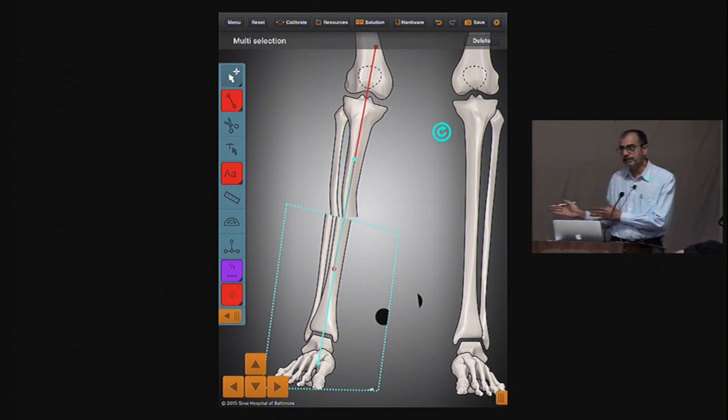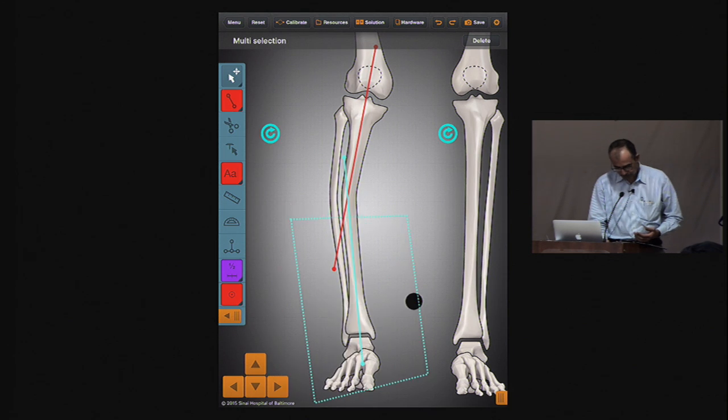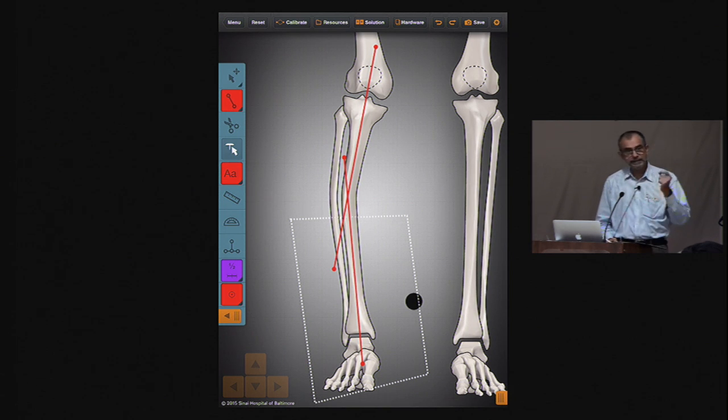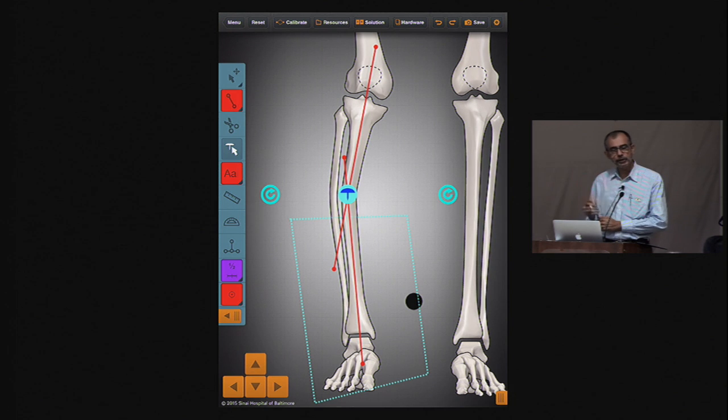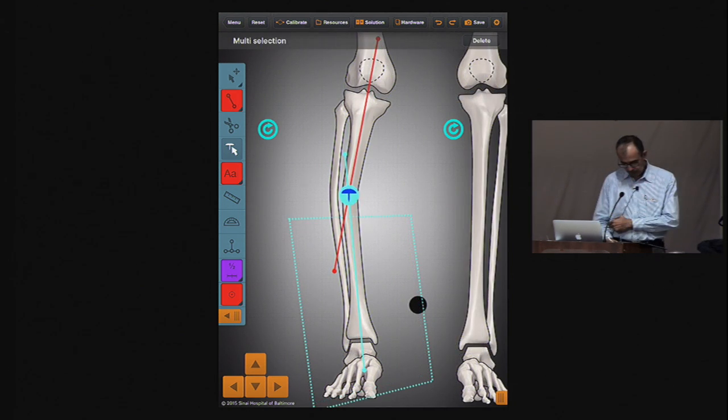So if you are going to fix this now, can you fix this with a nail? You can't fix it with a nail. So you will either have to fix it with something like a plate or a fixator. Now what the fixator does kind of magically is, with a fixator I can keep the hinge at the CORA and I can do the osteotomy lower down. So my hinge is at the CORA and my osteotomy is lower down.